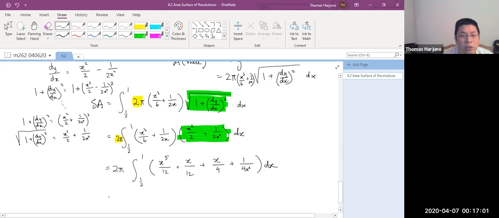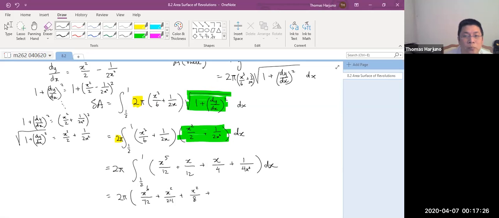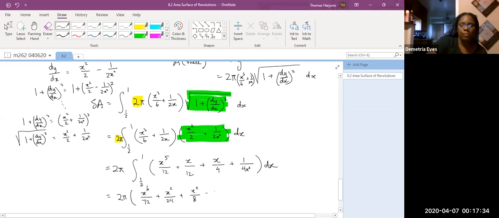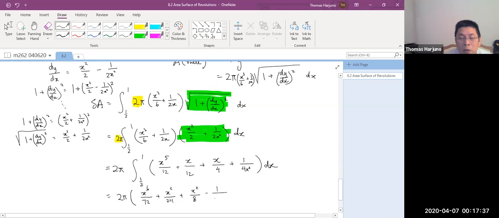Let me go one more step, but anything from here is supposed to be something you can do on your own. x to the 6 over 72 plus x squared over 24 plus x squared over 8 plus, should be minus, x to the -3 becomes -2 becomes -4. So 1 over 8x squared. Oops.